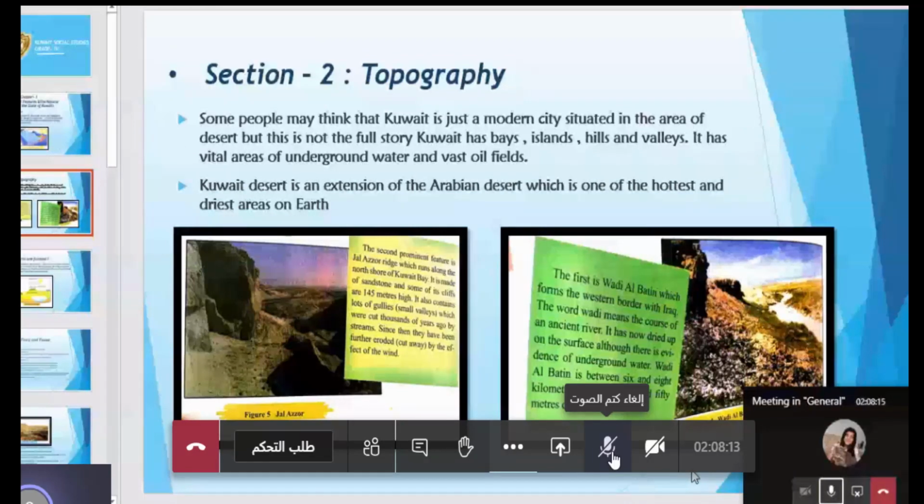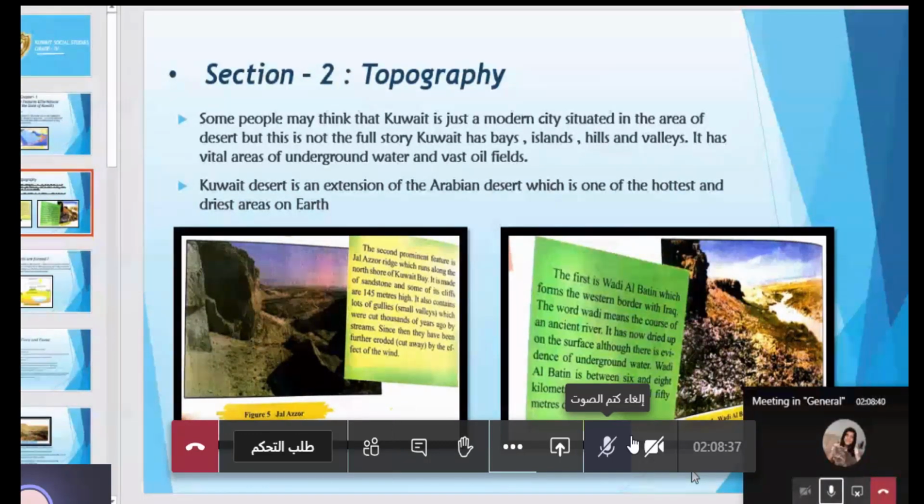Now listen, children. So you know that Kuwait is a small country, but it is a very important country. Now I don't want any disturbance in between, children, okay? Let everyone understand the lesson. You have already understood the lesson before. I'm just revising for you once again. Now this modern city of Kuwait is situated in the area of desert.